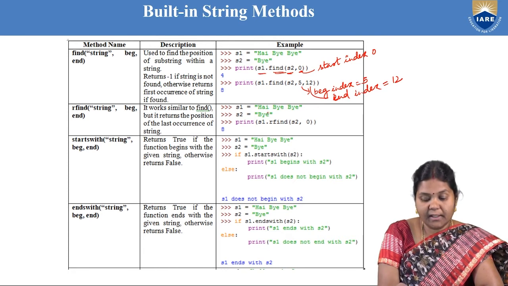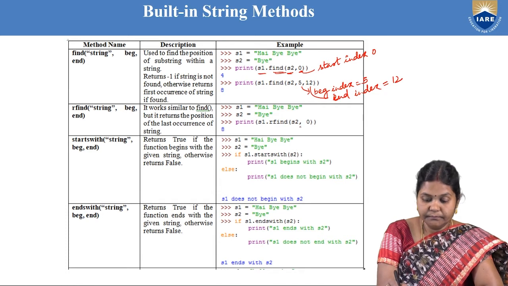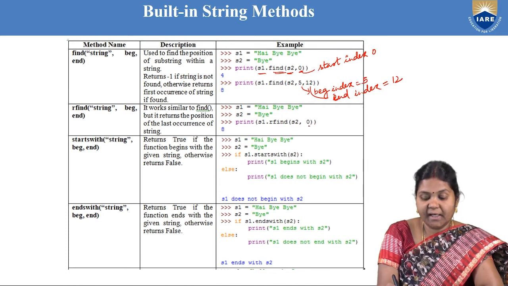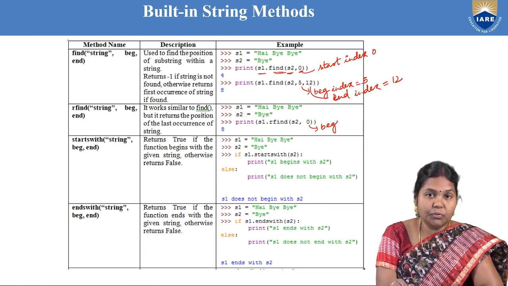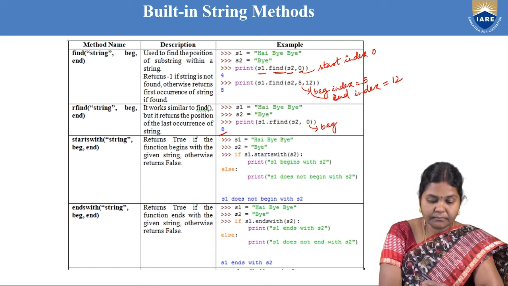S1 is a string containing hi, bye, bye. S2 is a string bye. Same example we have taken. Now, if you write S1.rfind S2, 0, starting from the beginning index only, it will show you the last occurrence. So the last occurrence for bye is at the 8th index.